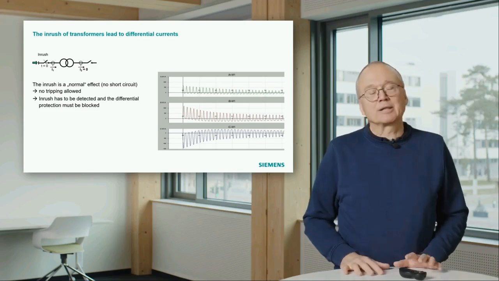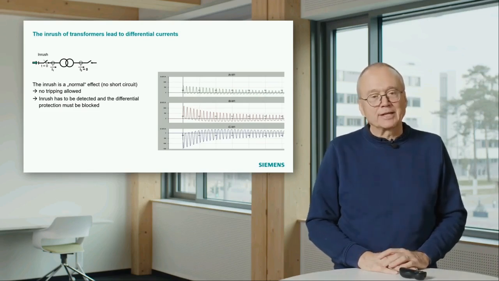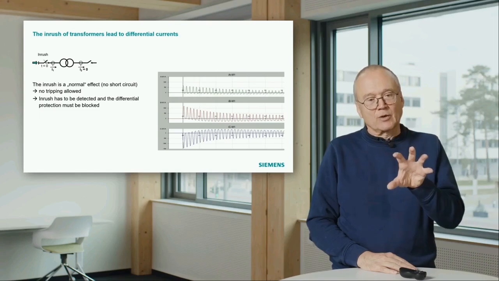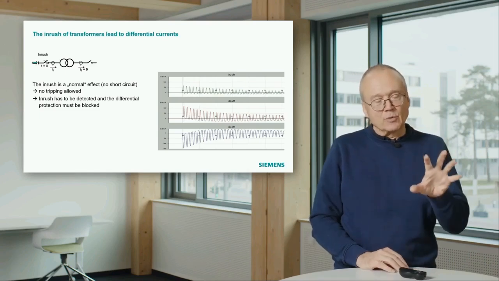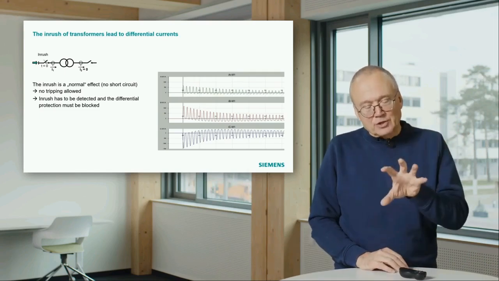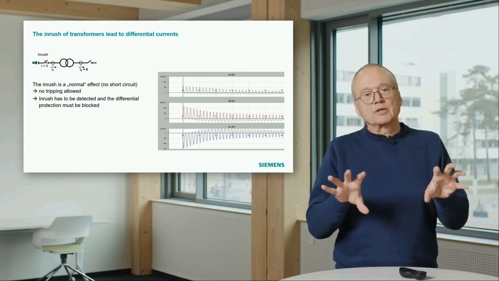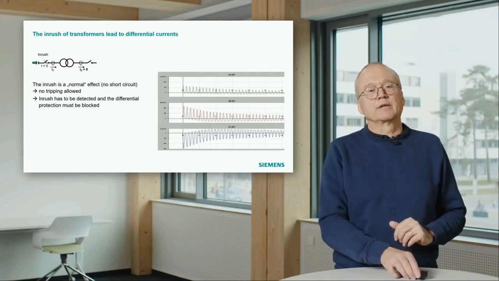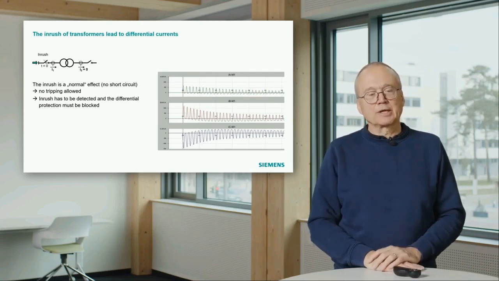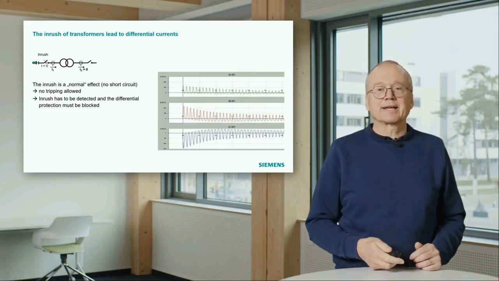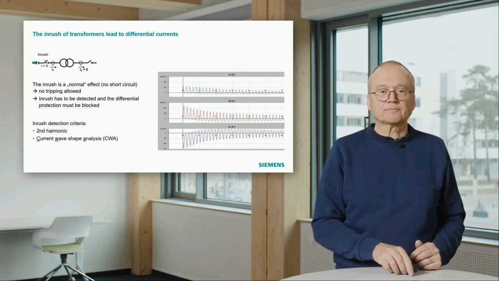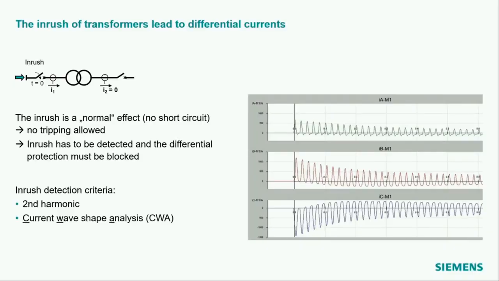And a typical approach, which is traditionally done to detect this inrush and to distinguish differential current coming from inrush from differential current resulting from a short circuit, is the use of the second harmonic. If you look at these current plots, you see that they are not really sine waves.